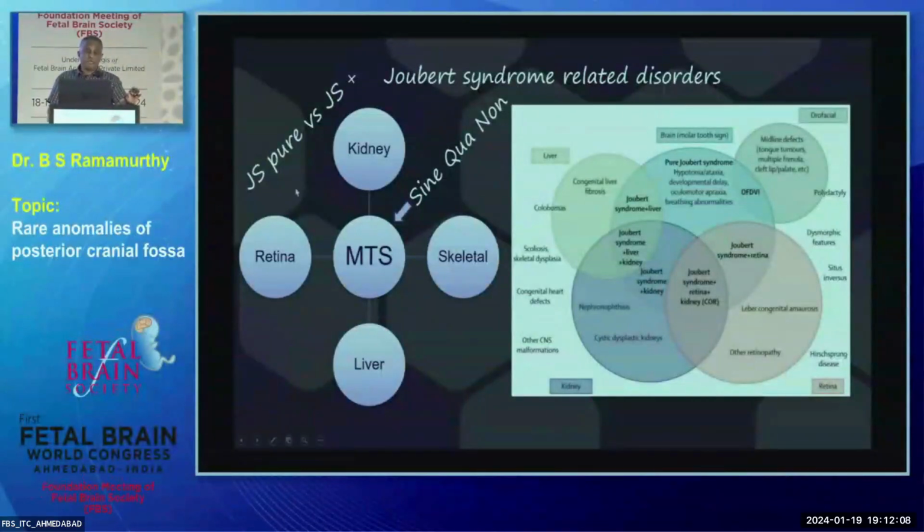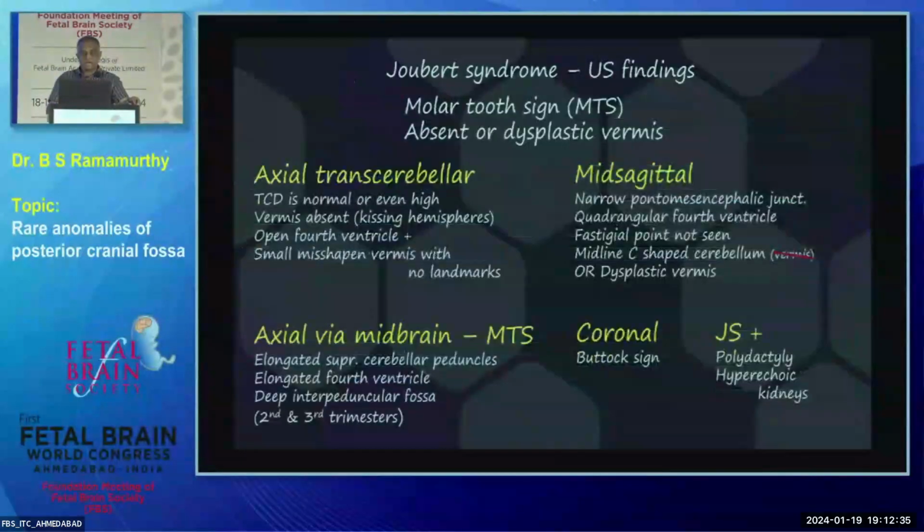That's the pure form, but you have Joubert syndrome plus, which means you might have a renal, skeletal, liver, or ophthalmic problem associated with the molar tooth sign, and you will see the overlap and the number of combinations which can come together to form this one syndrome called the Joubert syndrome umbrella.